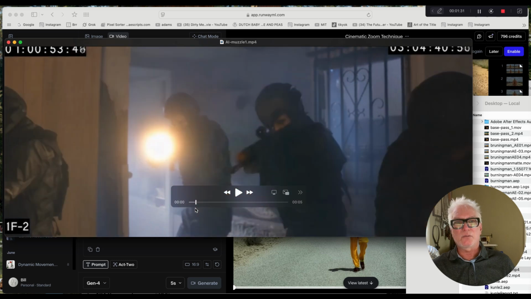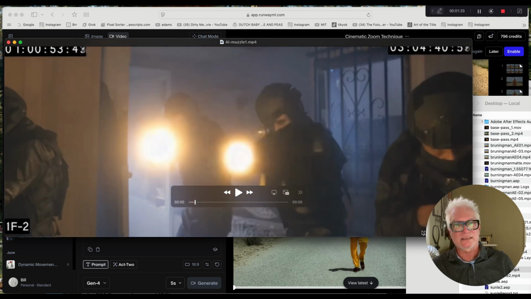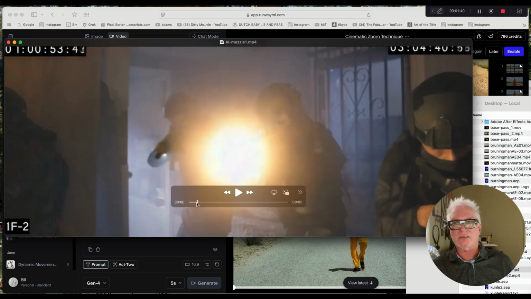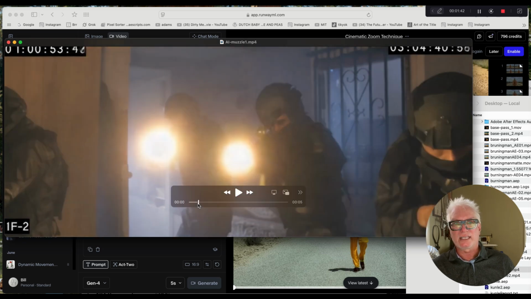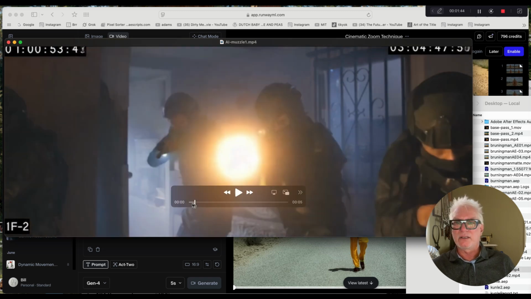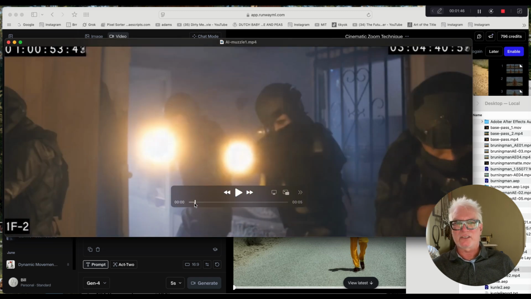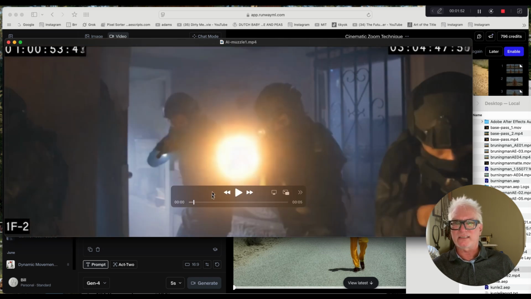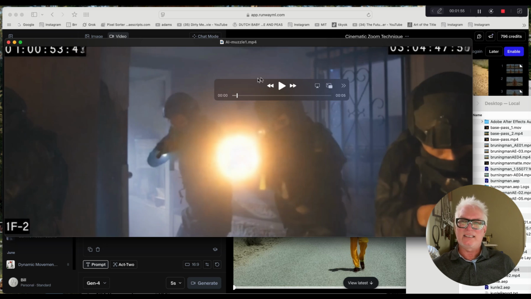The one thing that's doing really well that I like is the lighting, the back and forth lighting from the muzzle flashes actually looks really good because you're getting that on and off blinking. The part that it's not doing good is the muzzle flashes themselves. They're just like that. This one's in the wrong place, so it didn't really work.